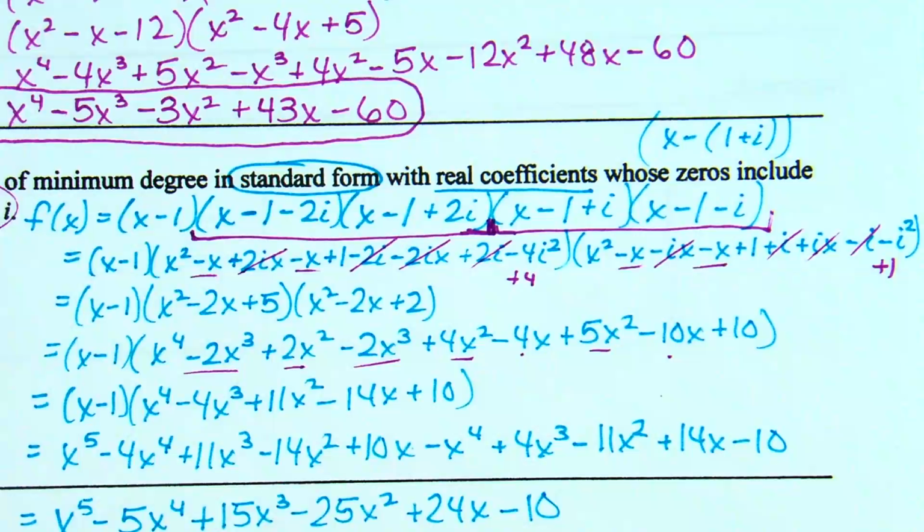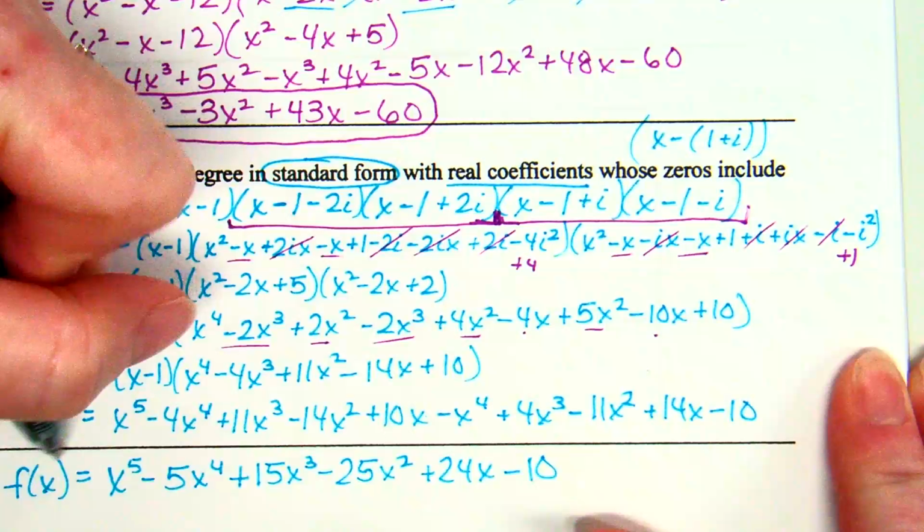Good news is it matches my notes. Okay, I'm going to throw in an f of x equals, because we are being asked to write a function. And there you go.